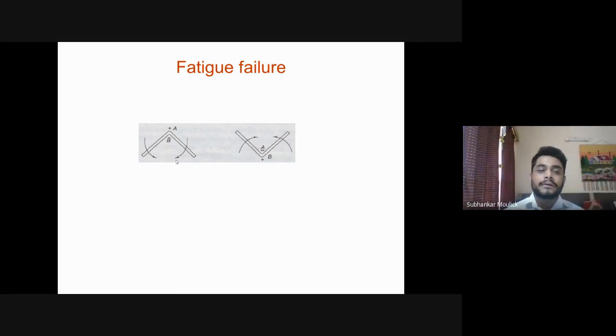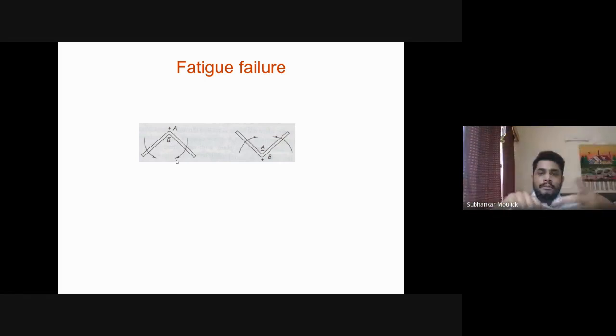Same wire of same diameter. What I am doing? From the middle part, say this is a wire of length, say, 2 meters. This will be the middle part. From both the ends, I am applying a fluctuating load which is varying in magnitude with respect to time.